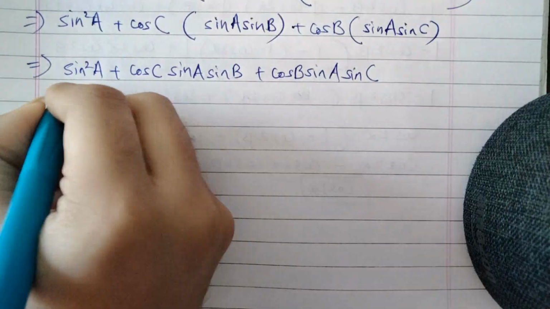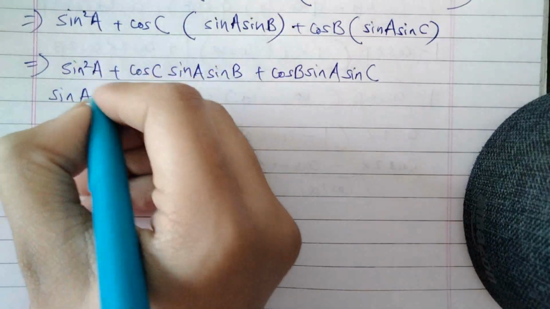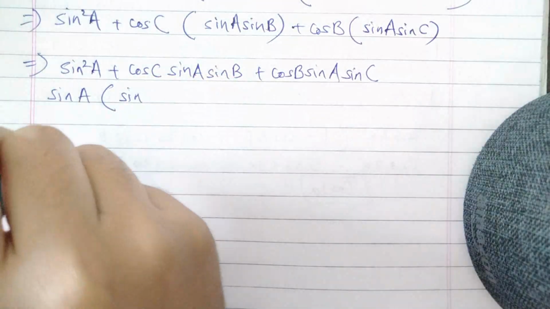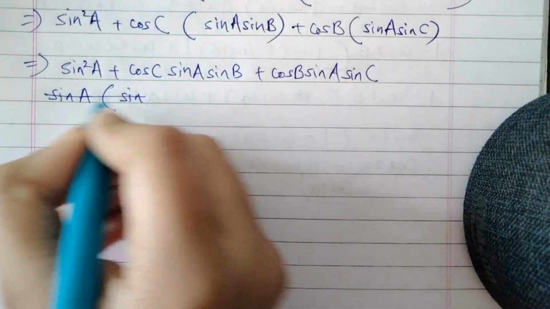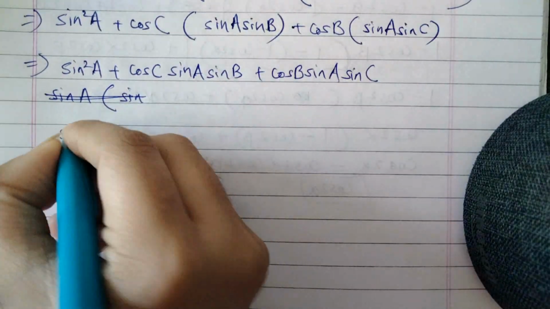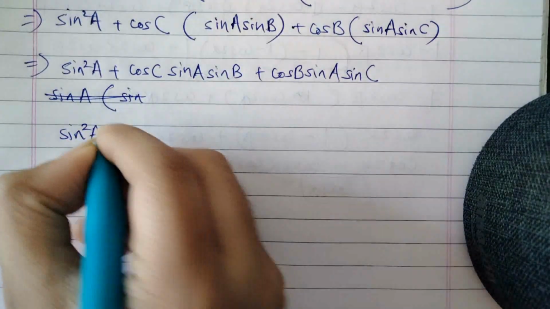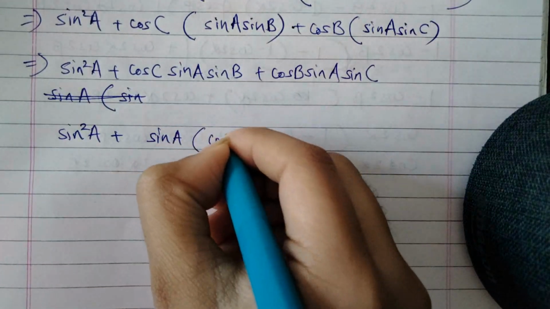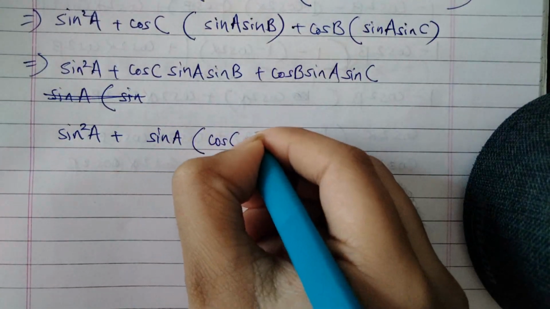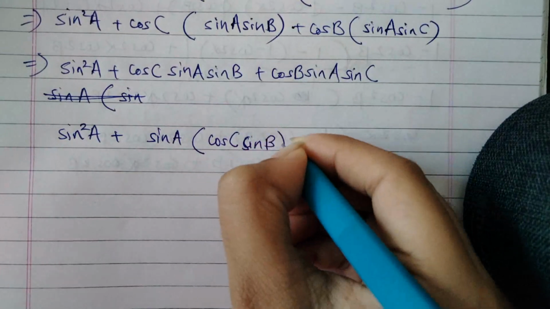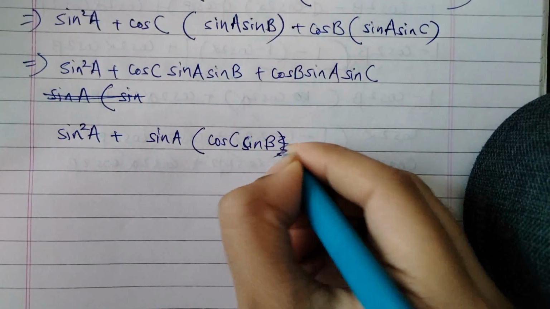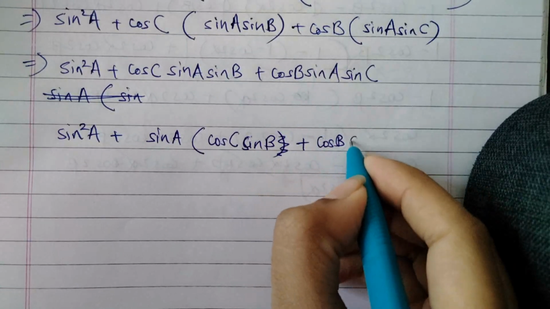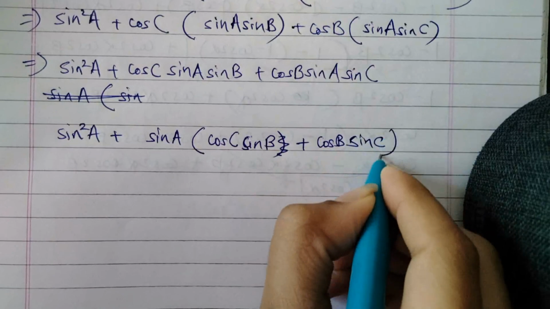So here we can take sin A common. Sin square A let this be as it is. Then let's take sin A common, so you will get cos C sin B plus cos B sin C, right?